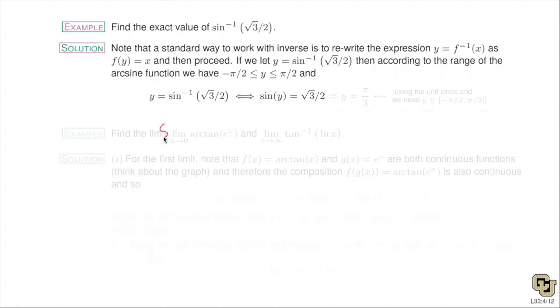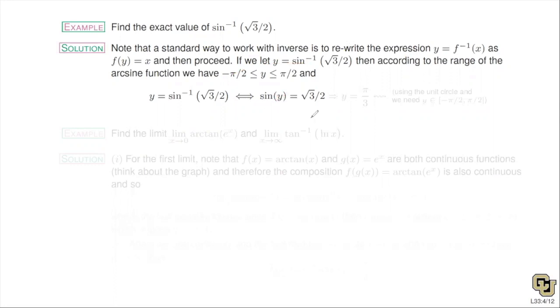How did I do that? I'm applying sine to both sides of the equation. Here you get sine of y equals sine of the inverse sine of root 3 over 2. Sine of the inverse sine is just root 3 over 2. And here, remember, y is an angle. If you want to think of this as theta, sine of theta equals root 3 over 2, you can.